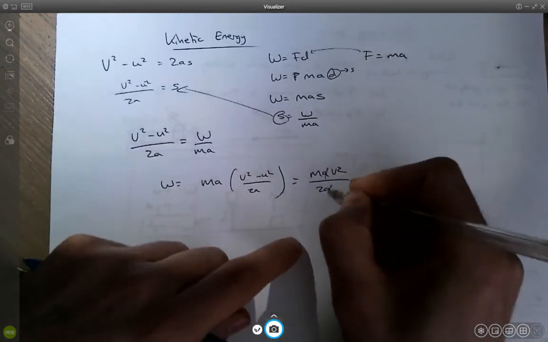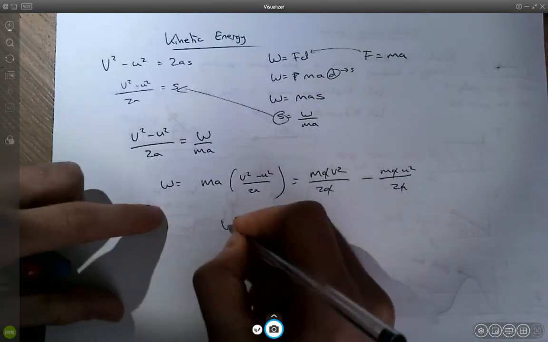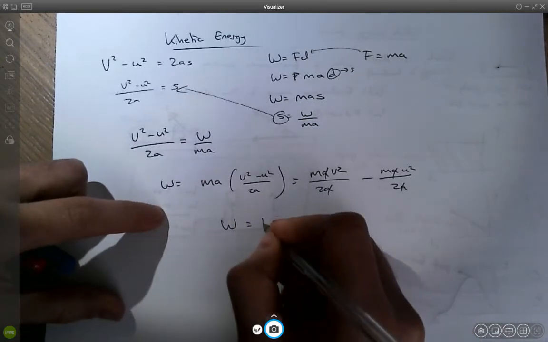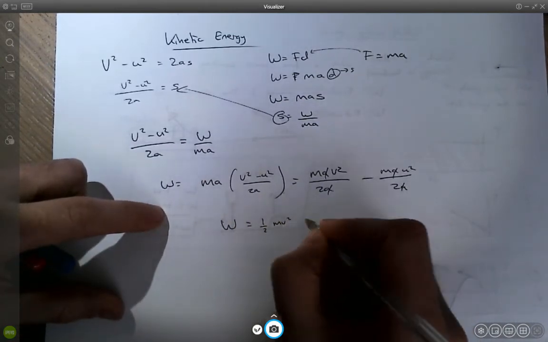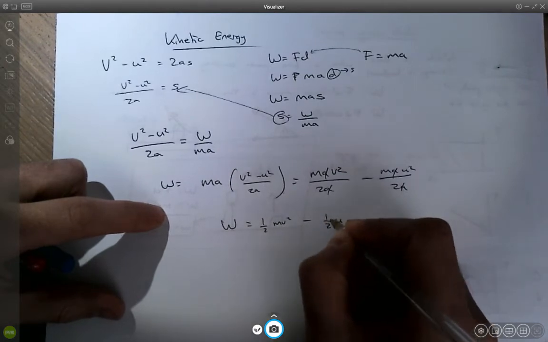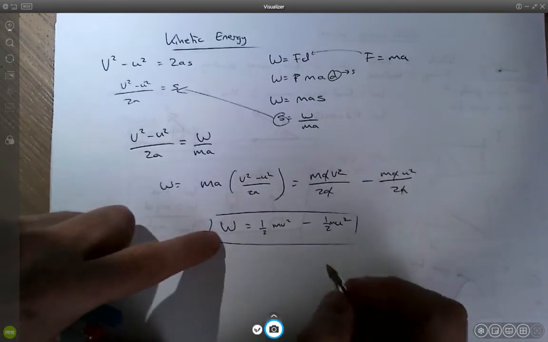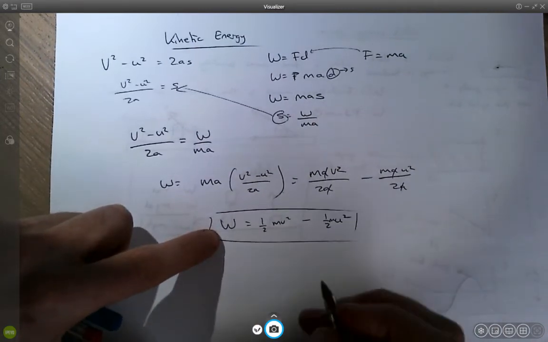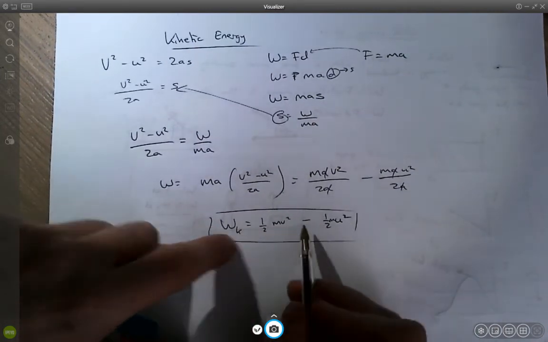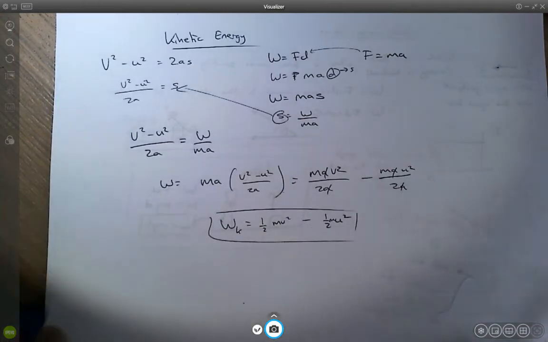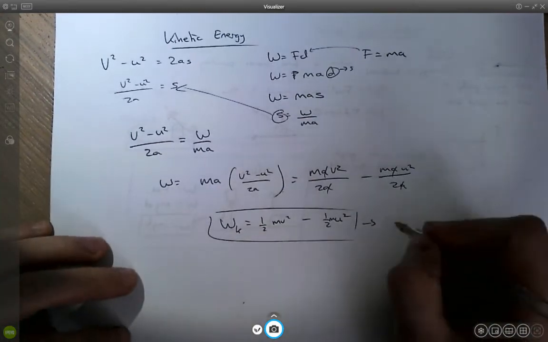The a's obviously cancel. So what have we got? We've got work done is half mv squared minus half mu squared. So we've proved that the work done, which is obviously the same as the energy transferred, is half mv squared minus half mu squared.